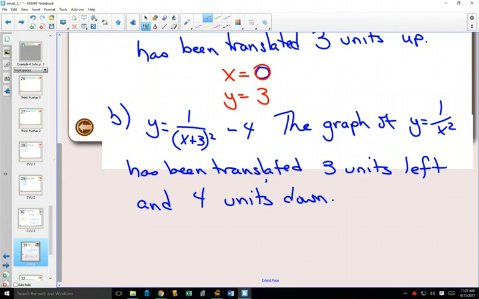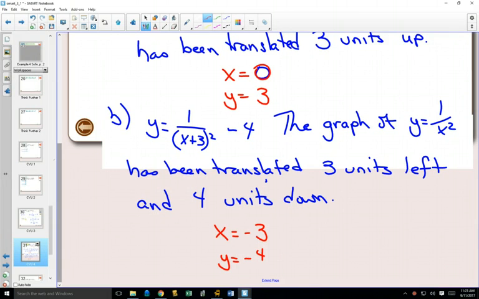That's going to change both of those asymptotes. Our asymptote that was at x equals 0 gets moved 3 to the left. It's now at x equals negative 3. And our asymptote at y equals 0 gets moved down 4. It goes to y equals negative 4.